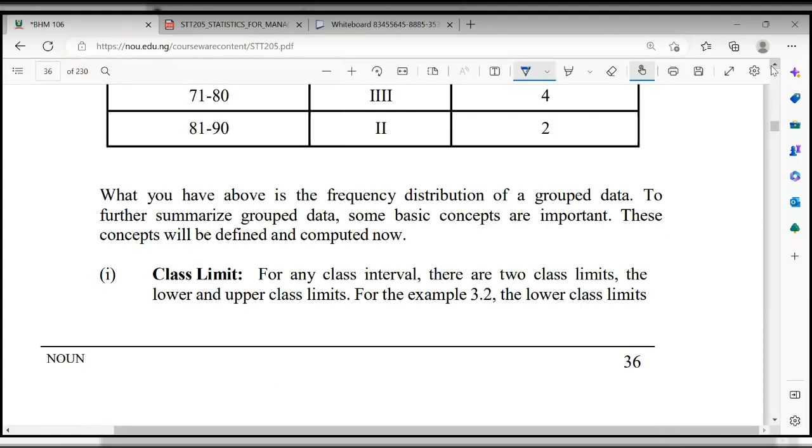Class limits, what does it mean? For any class interval, there are two class limits. We have the lower and the upper class limits.